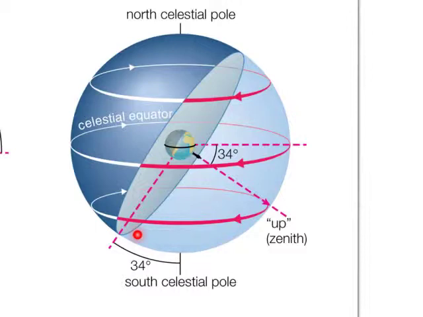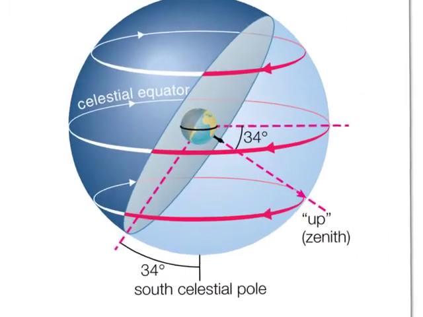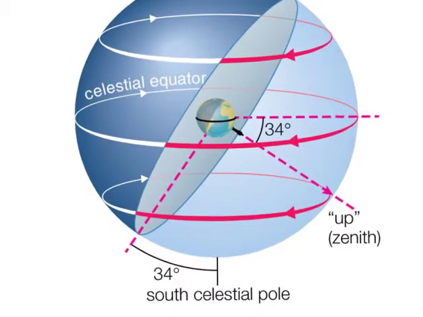I don't know if you buy this or not, but if you think about it and read about it some more, you can convince yourself that if we pick on this line of latitude, anybody at the same line of latitude, 34 degrees south, as the Earth rotates, spins on its axis for a given day, will ultimately see the same field of view, the same sets of constellations.